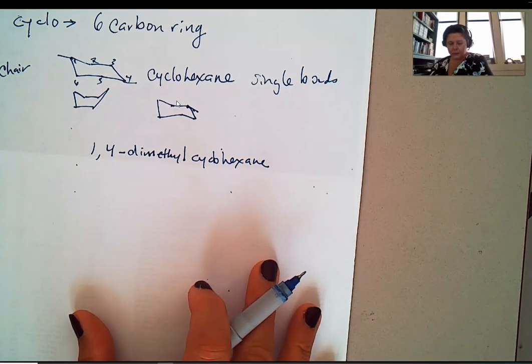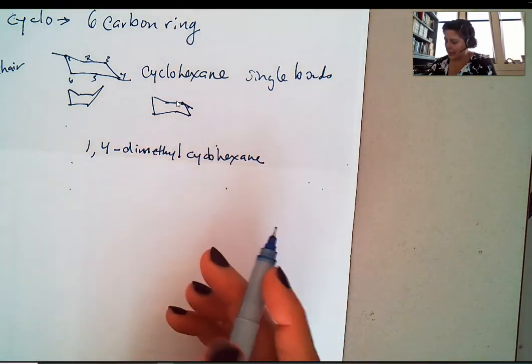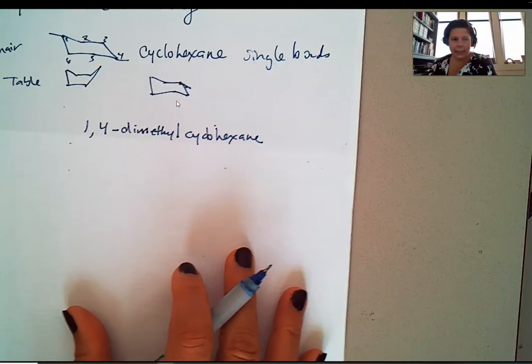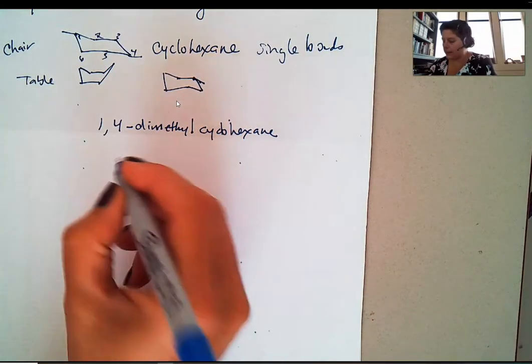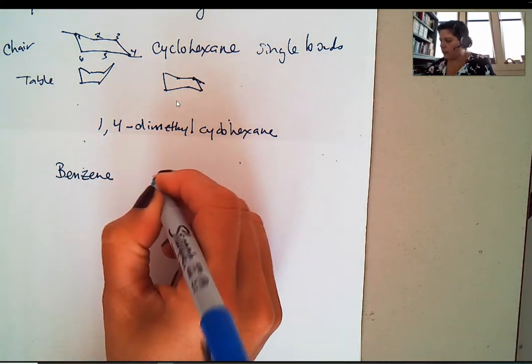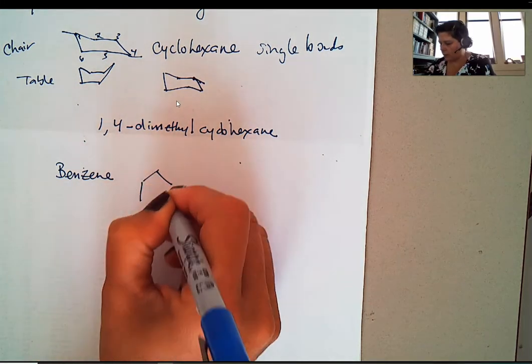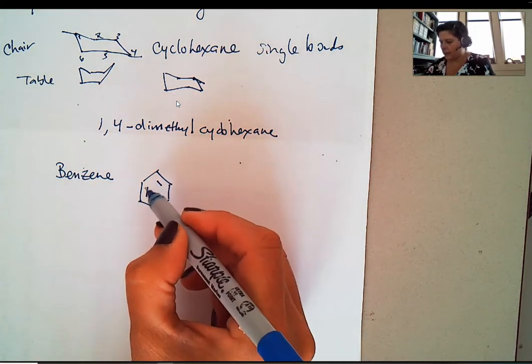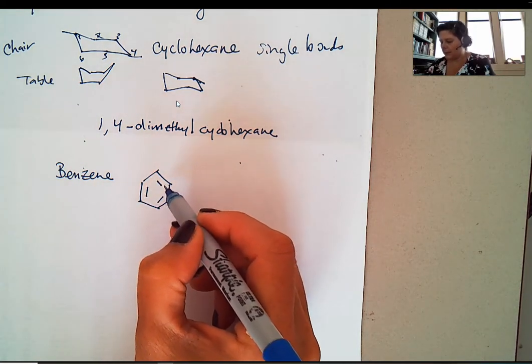Now, this is the chair configuration, and it is not the same as benzene. Because benzene, when we draw it, we usually draw it this way, with single bond, double bond, single bond, double bond, single bond, double bond.